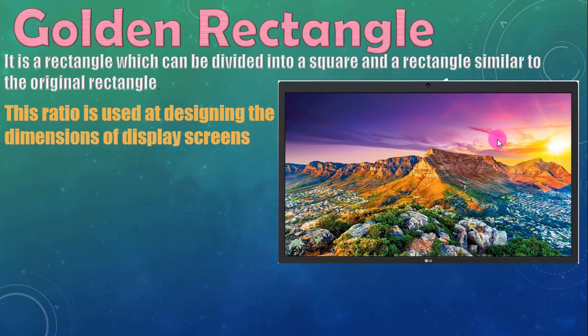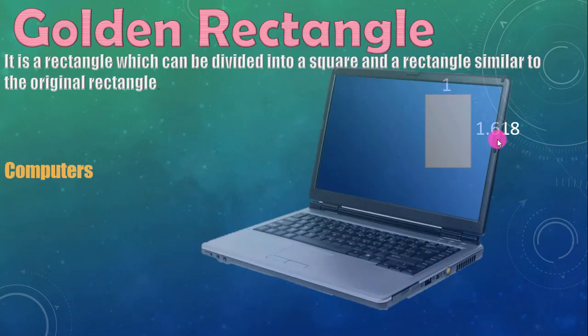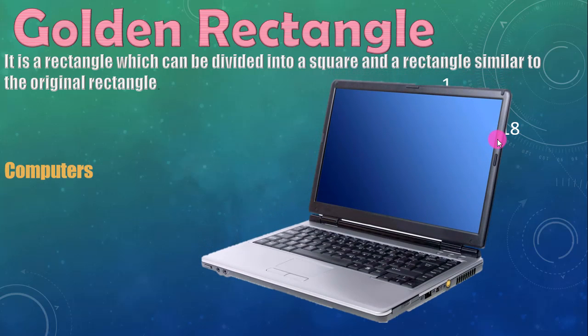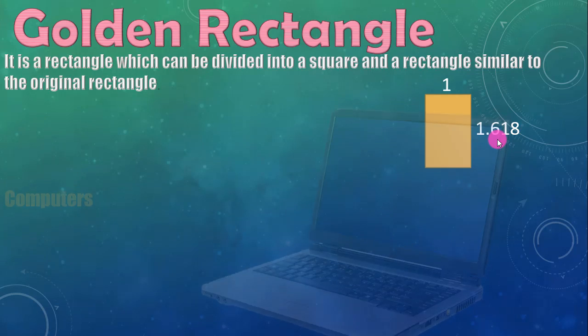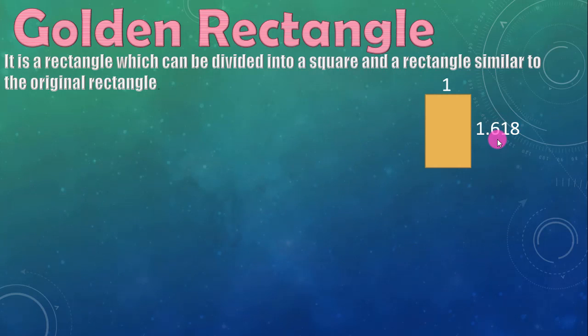By looking at the laptop or the computer, its screen also is a golden rectangle. The mobile is a golden rectangle. The tablet is also a golden rectangle. Okay, and some artists use this.